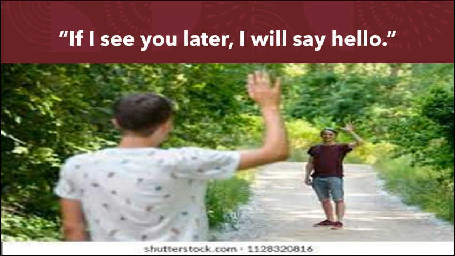I'm talking to you right now, but later in the future, if I do see you later, I will say hello. With the formula, you can see the if plus the simple present, which is see you later, then the comma and the will. And then the base verb, which is say.